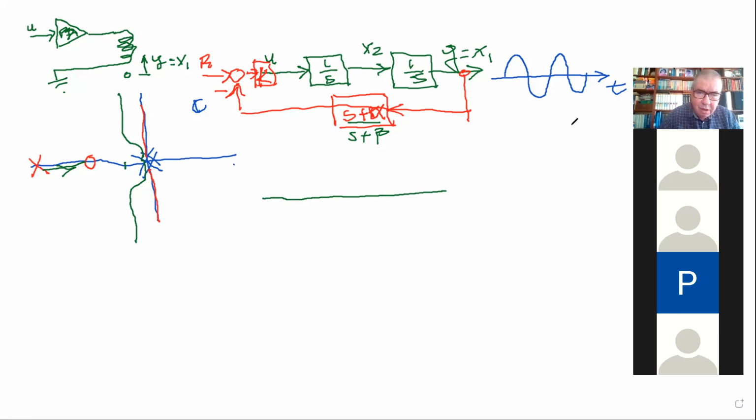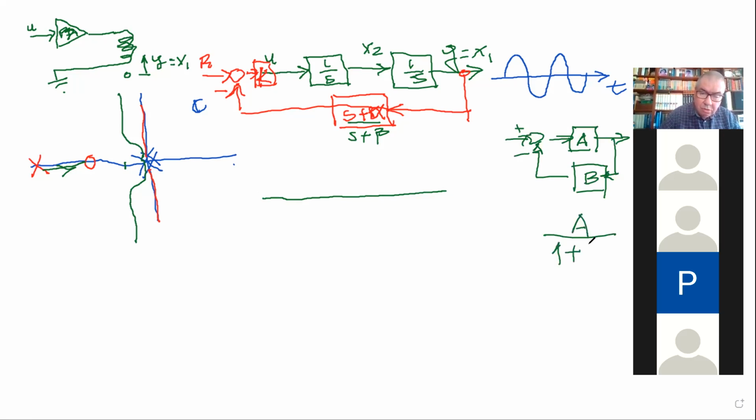If you have A plus minus, and then you have B, what is the equivalent transfer function? Is A over 1 plus AB.